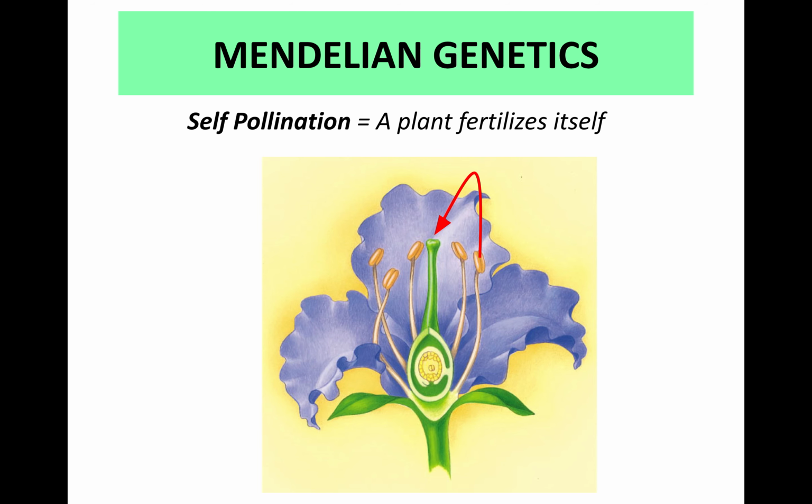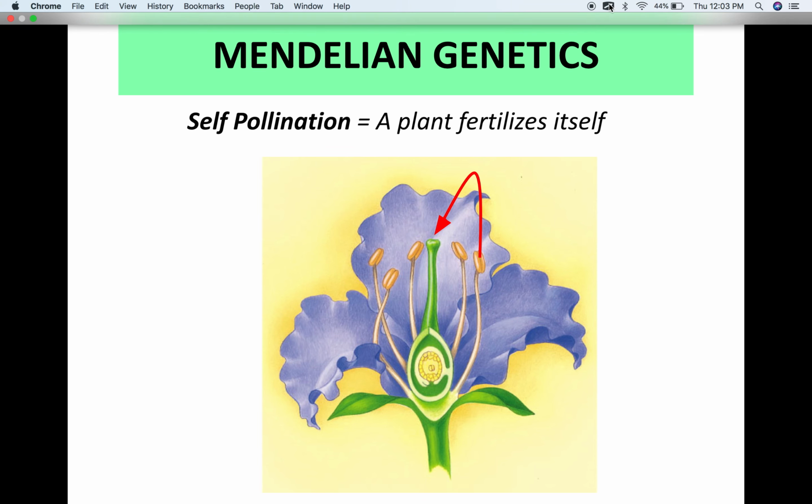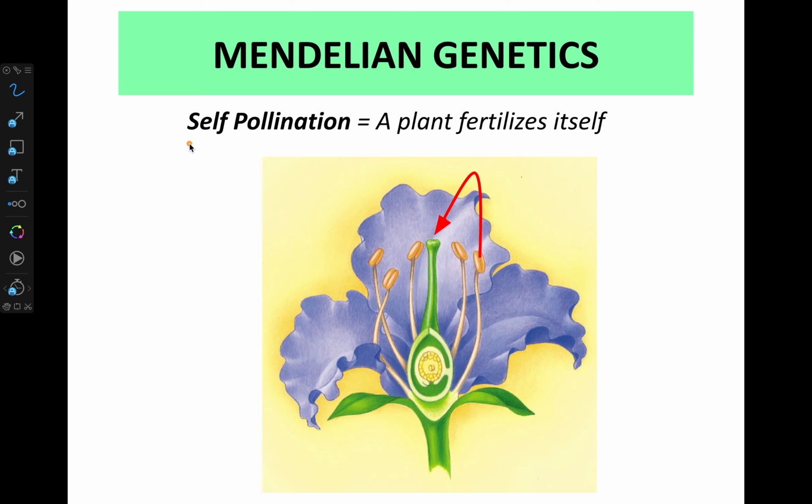This is sort of like a sidebar, but to understand his experiment, we need to understand how flowers are fertilized, right? So some flowers can be self-pollinators, right? Which means that the male organs here are putting sperm into the female ovaries within the same flower, right?